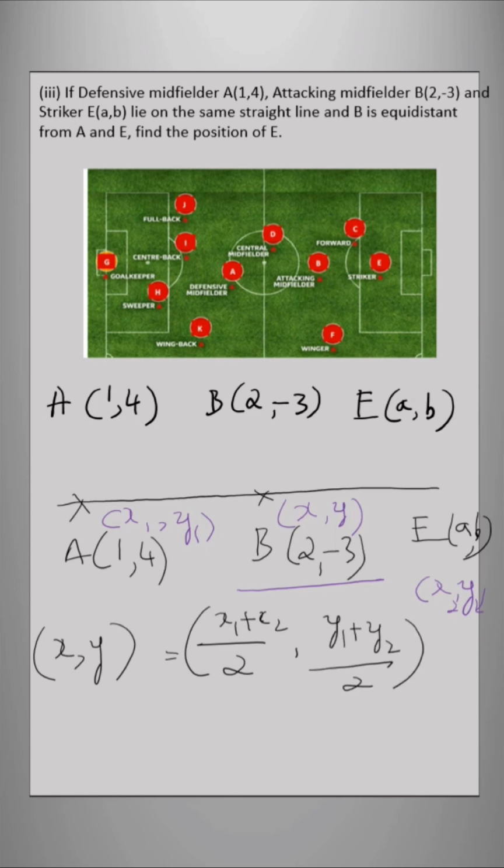Here x, y is (2, -3). x1 is 1. x2 is a, by 2, comma y1 is 4. y2 is b, by 2.